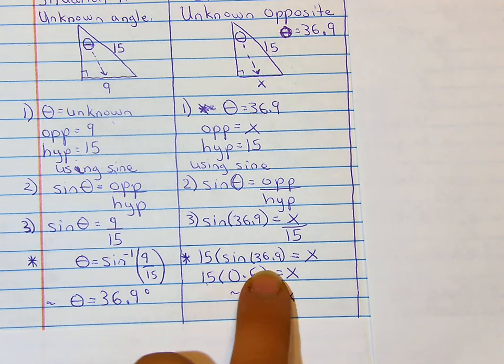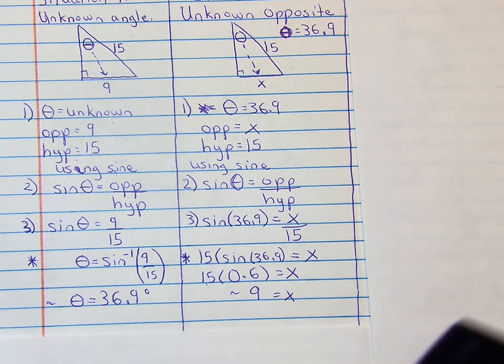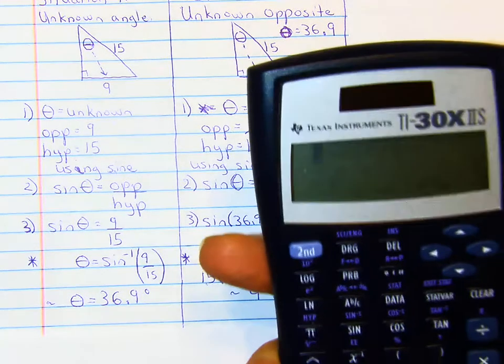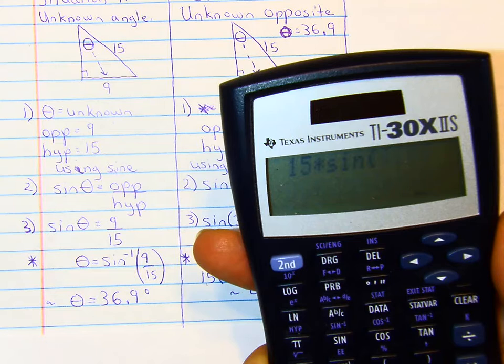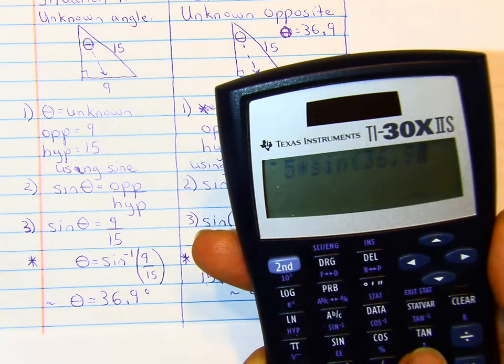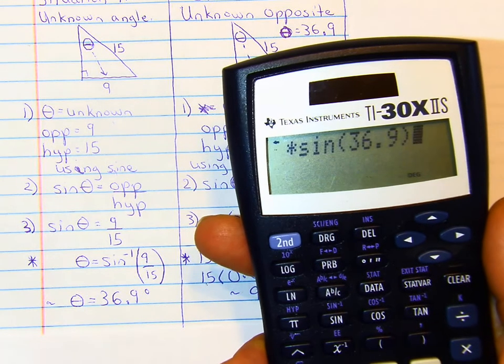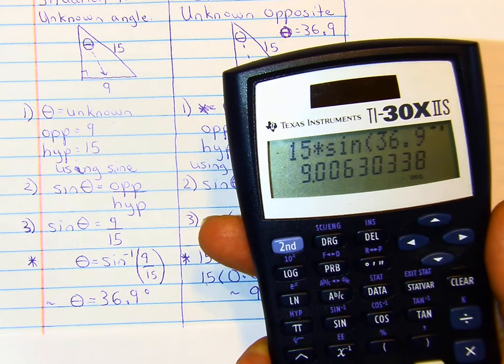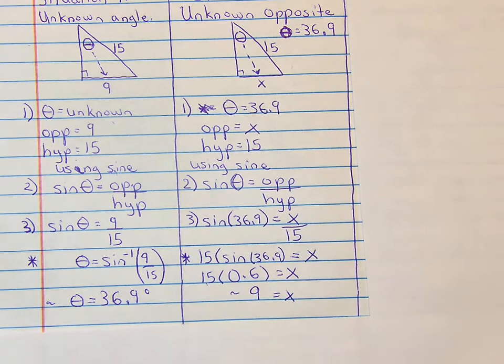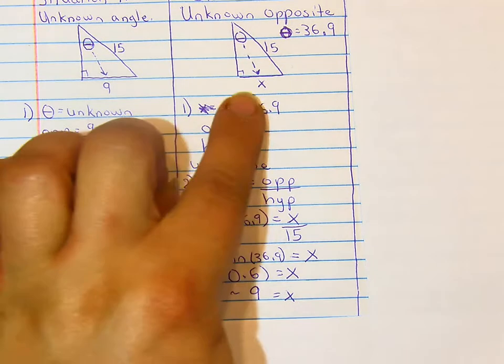So all I initially had to do, given this information and knowing my setup, is 15 times sine 36.9 and enter. And I just did the trig necessary to find that missing length.